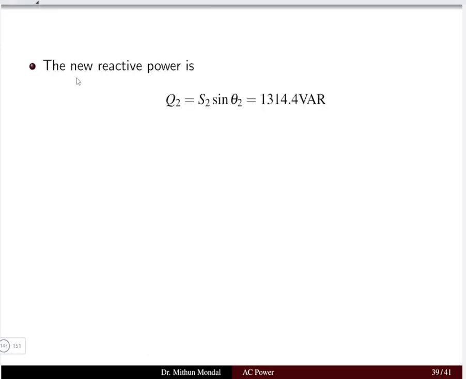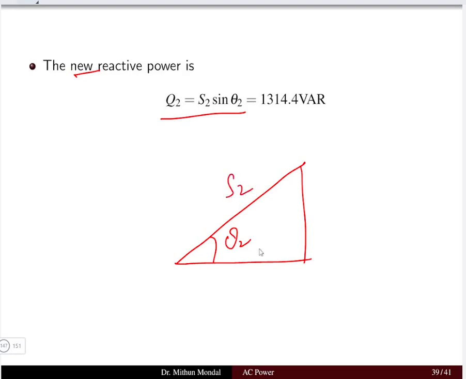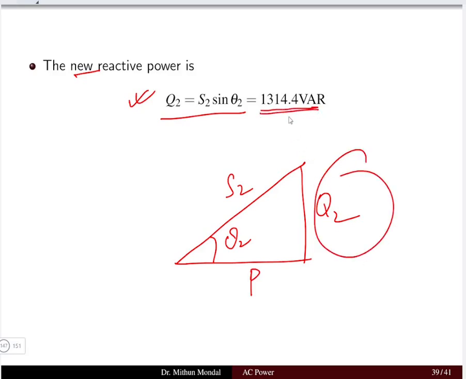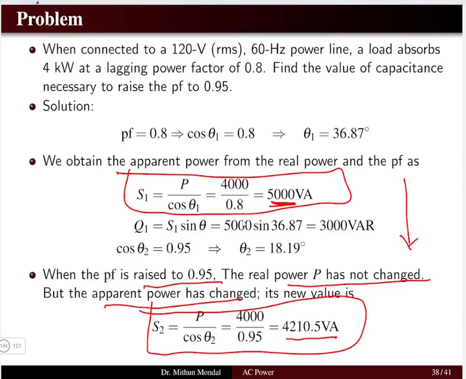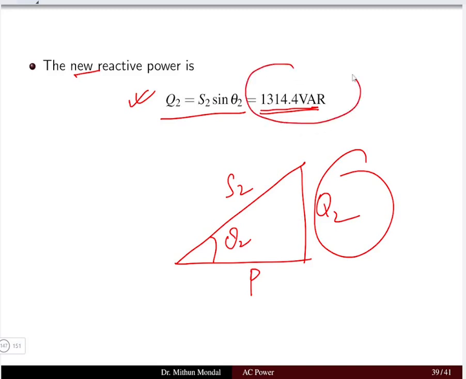Now the new reactive power Q2 is equal to S2 sine theta 2, because we have a new angle theta 2. This is your S2 and this is your Q2. This is the constant power P. So you obtain the reactive power Q2 as 1314 volt ampere reactive. If you note down, the Q1 value of 3000 volt ampere reactive has come down to 1314.4.